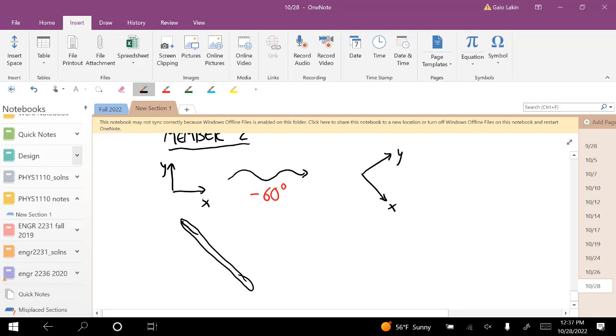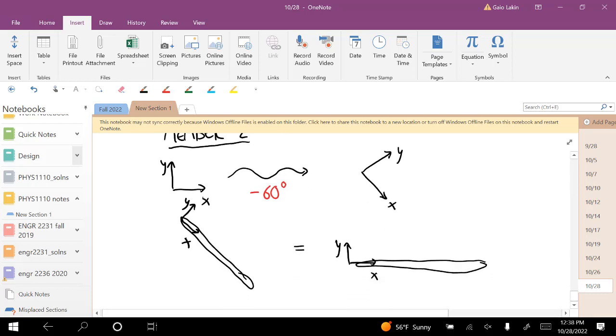And then we'll have our coordinate system like this, which is equal to this. Okay. So I'll start getting into using rotation matrices to re-express our external loads that way next time. Any questions about that? Okay, that's all. Have a good weekend.